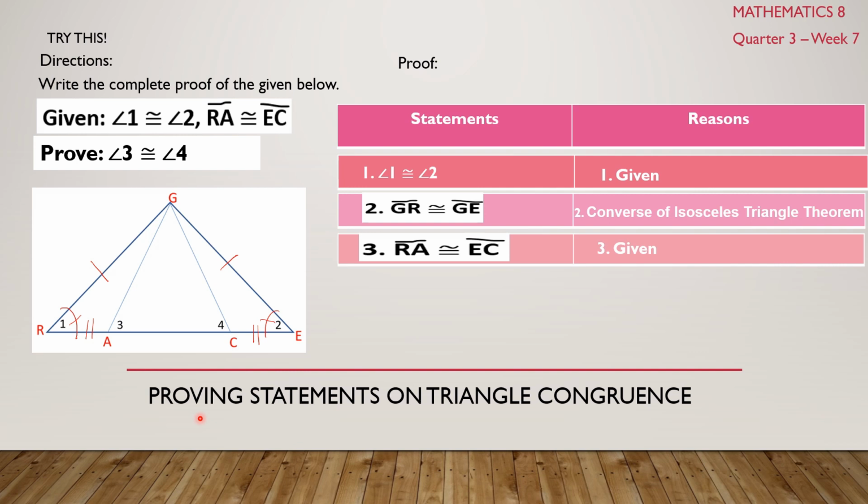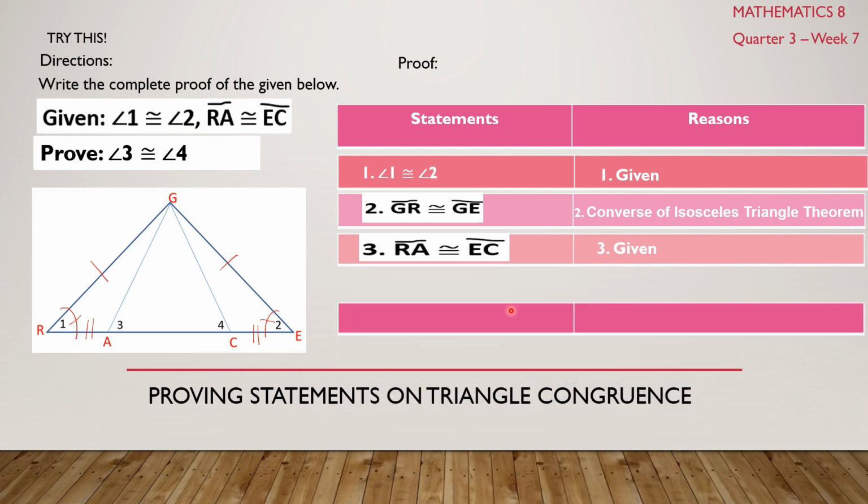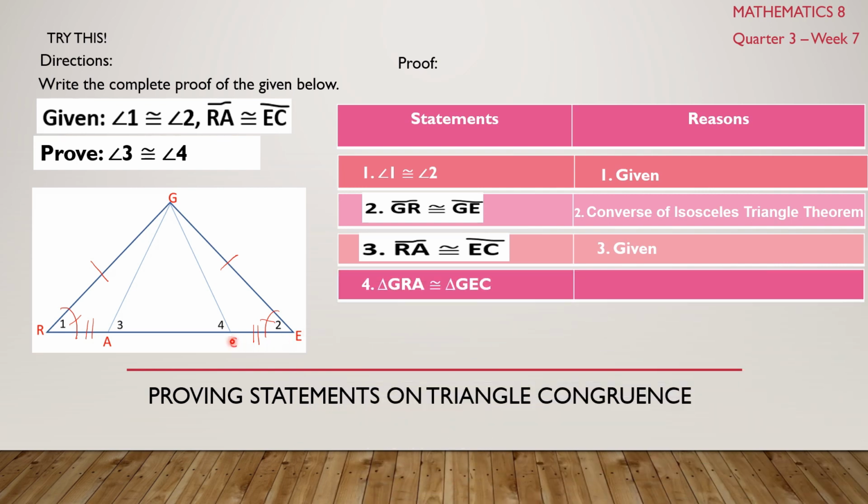Okay. Mapapansin nyo, we have two congruent triangles. Our next statement, we have triangle GRA is congruent to triangle GEC. What will be our reason? Check natin ulit yung marking.